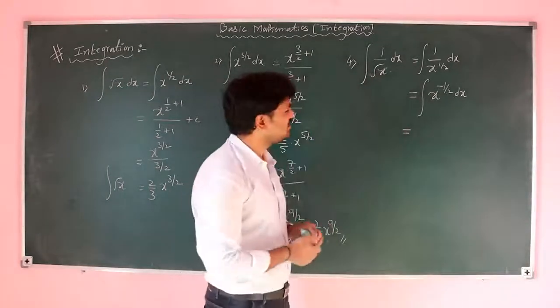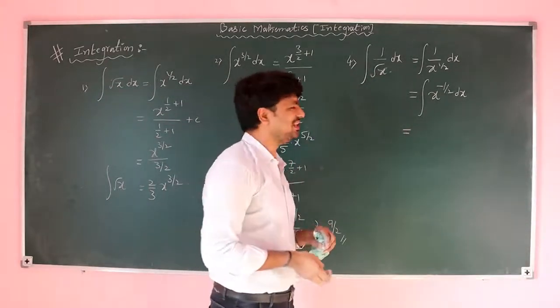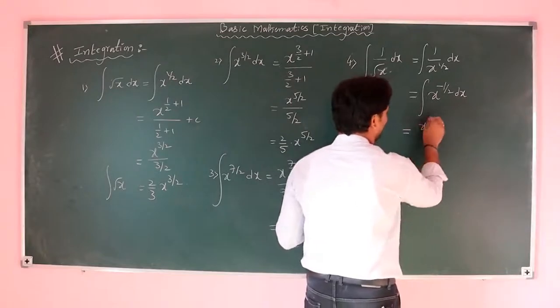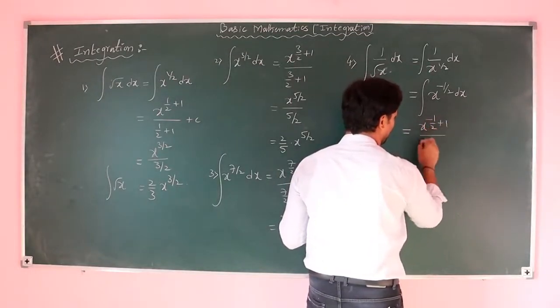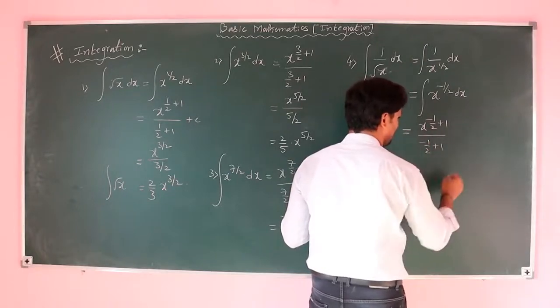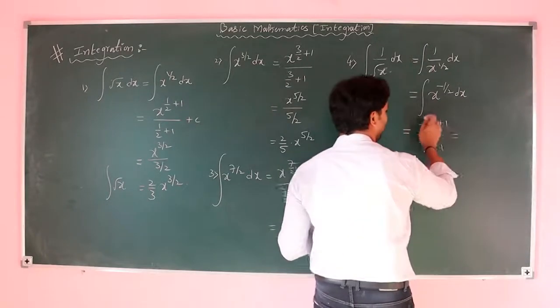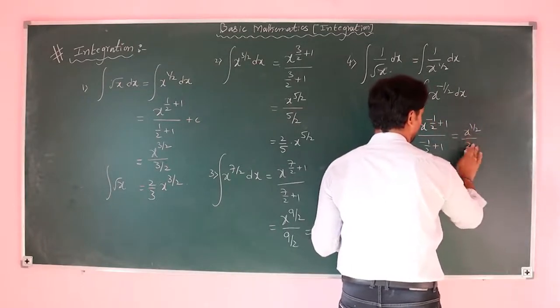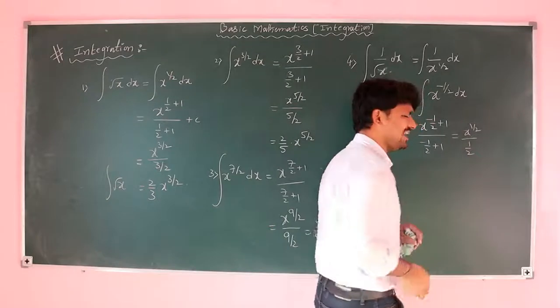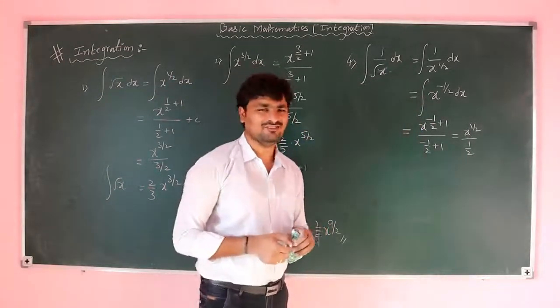Minus 1 by 2 looks like x power n. Then apply the formula, x to the power of n plus 1 by n plus 1, where n is minus 1 by 2. Minus 1 by 2 plus 1 is 1 by 2, so the value is x to the power of 1 by 2 upon 1 by 2.